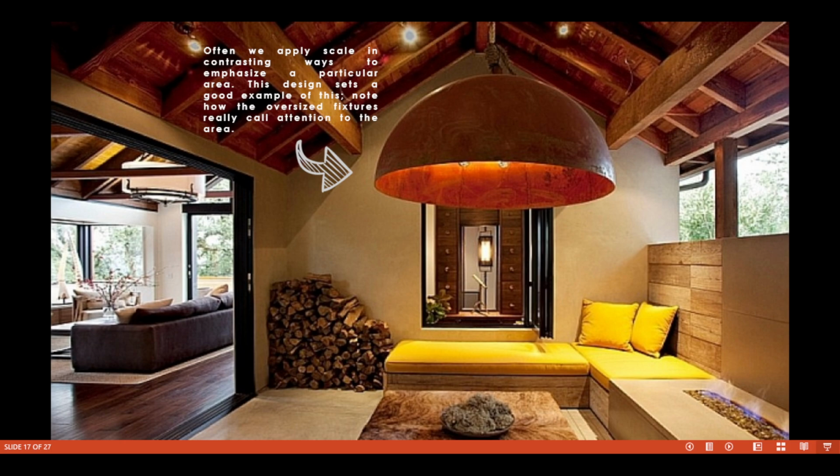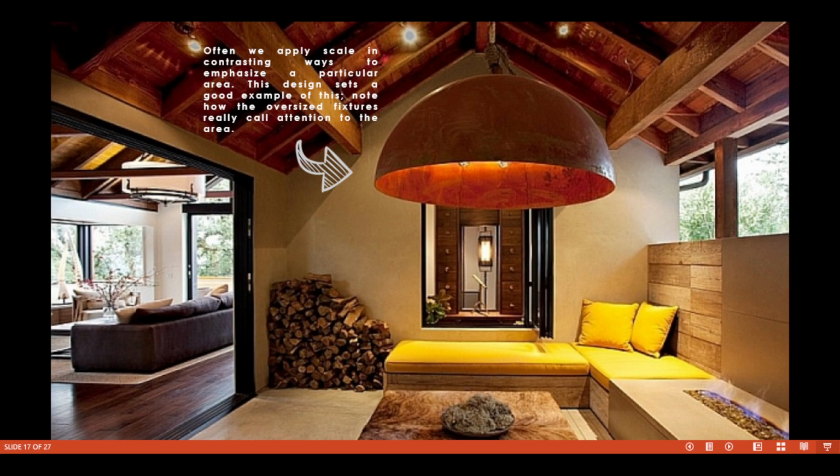Now, you can see this hanging light is quite large, and in a general context it would be considered out of proportion and out of scale, but the way the designer has used it, it automatically sets into the scheme of things. Often we apply scale in contrasting ways to emphasize a particular area.